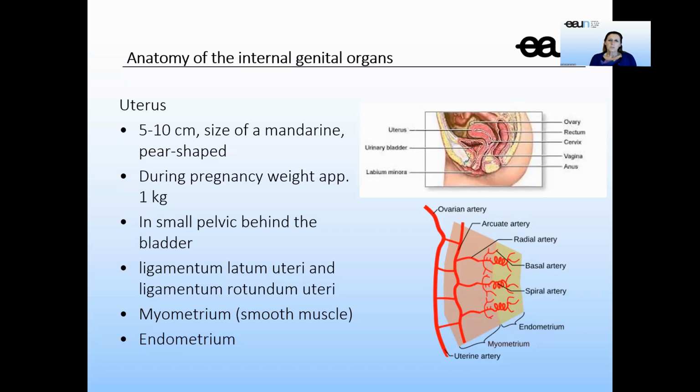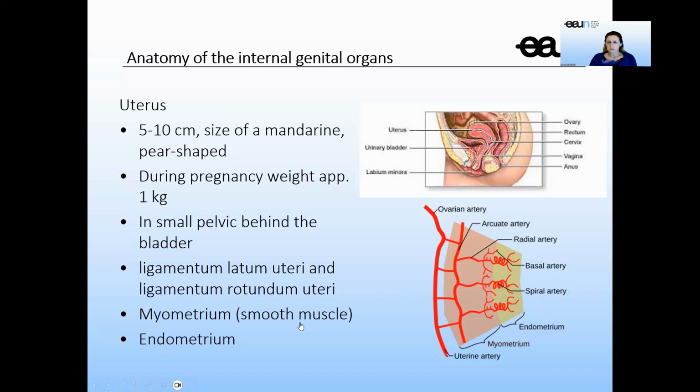And it's placed in the small pelvis behind the bladder, as you can see in the upper picture. When you look more into the wall of the uterus, there's a ligamentum latum uteri, as you call it in Latin, and the wall of the uterus has 2 layers, and they're connected by a smooth muscle.